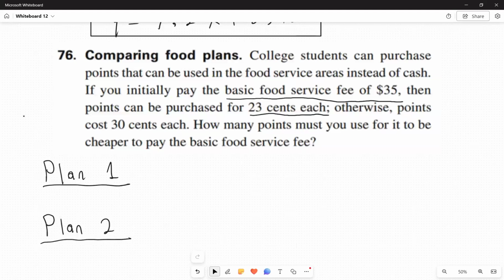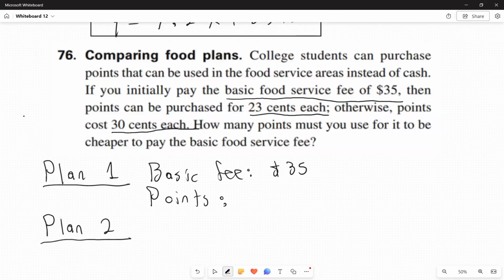Otherwise, points cost 30 cents each. So you have an initial basic fee of $35, and points, which cost 23 cents each. And in the second plan, there is no basic fee. You just purchase points, 30 cents each.